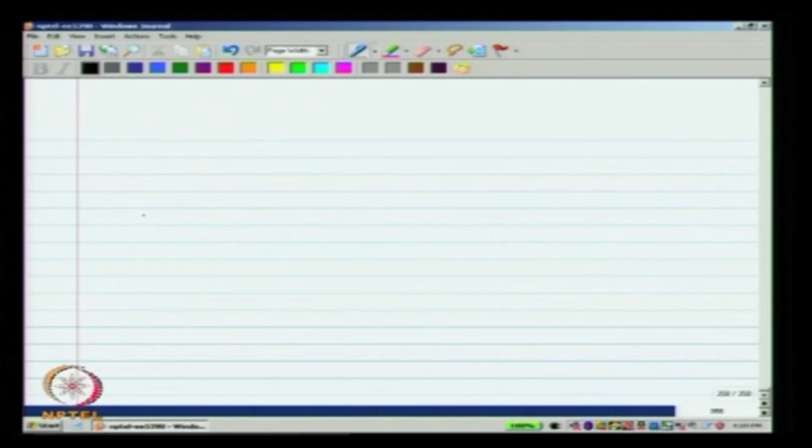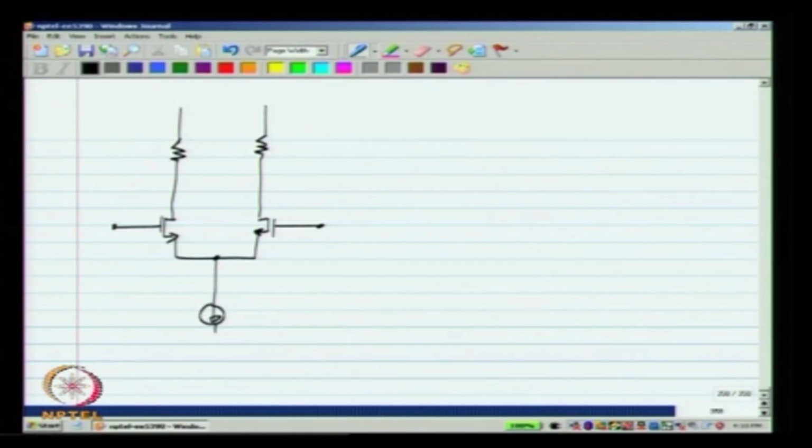Now, the question that naturally occurs is, I said that this is a differential circuit. I will show an ideal current source here, but even with a real current source it works properly.